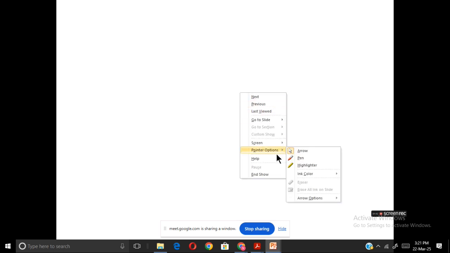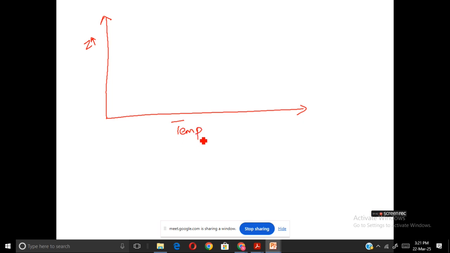Now based on this, we have three lapse rates. This is temperature. We know the value of the dry adiabatic lapse rate, gamma D, which is around 9.8 Kelvin per kilometer.